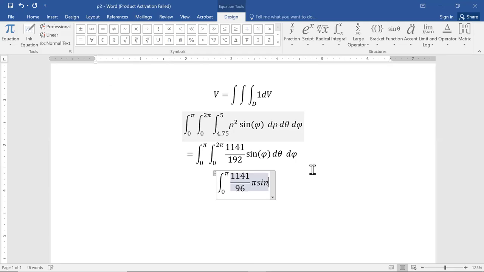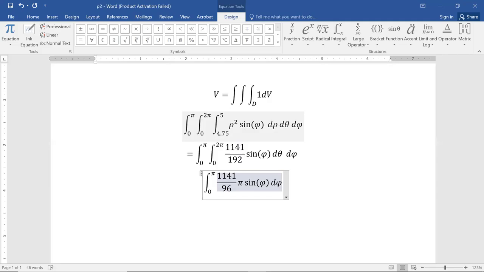And then the sine of phi, integrate with respect to phi. If you integrate sine from 0 to pi, you just get 2.